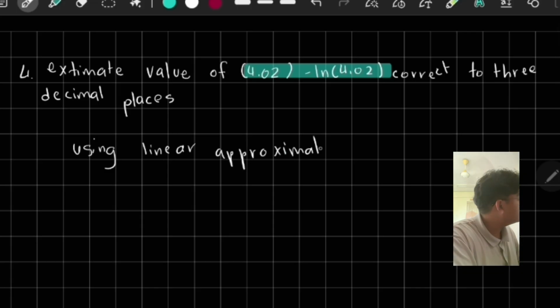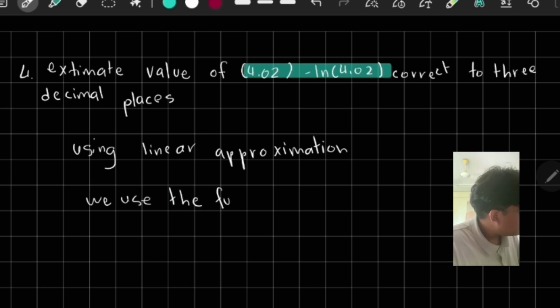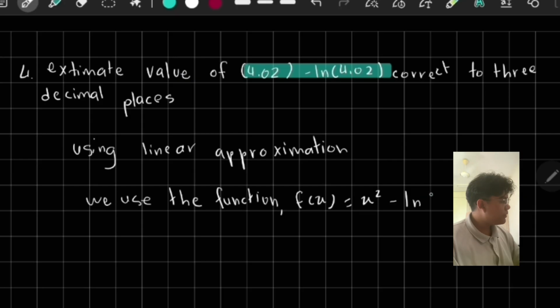Right, so in this case we use the function f(x) equals x squared minus ln x. Right?